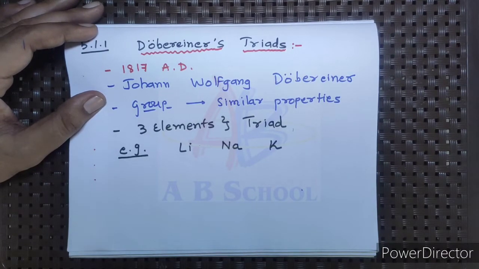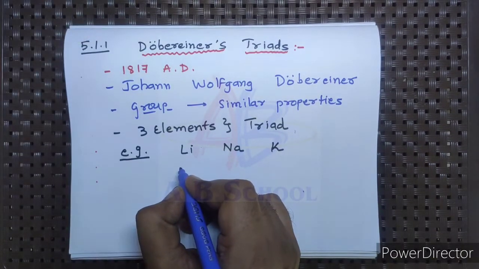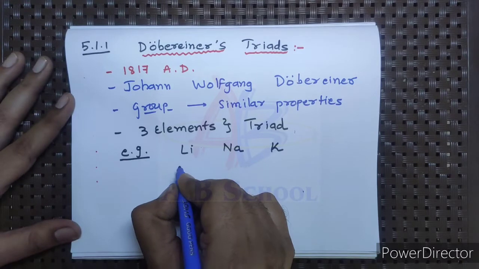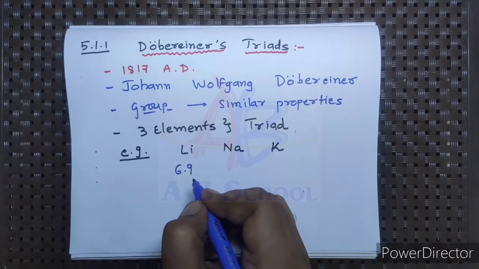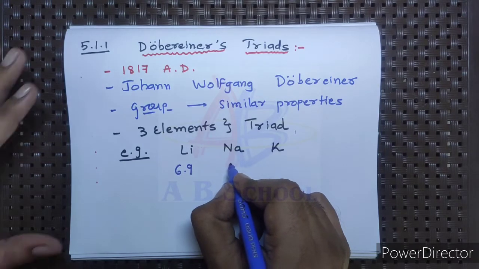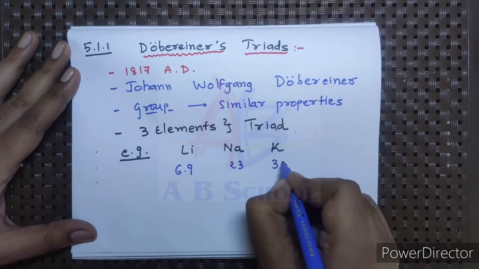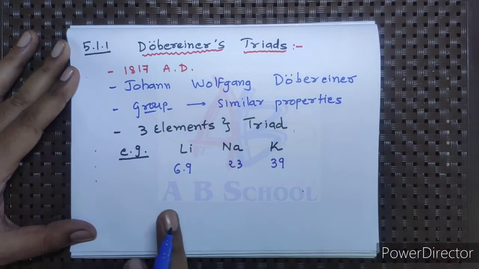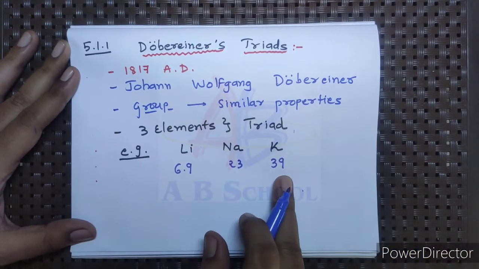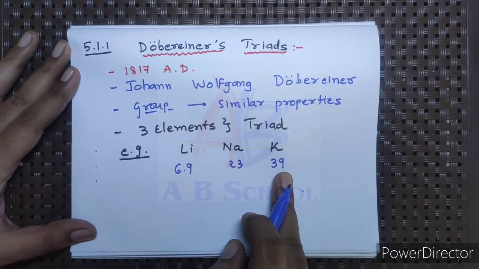Let us write down their atomic masses. The atomic mass of lithium is 6.9, that of sodium is 23 and that of potassium is 39. Already you can see that all these three are arranged in the ascending order of their atomic mass.